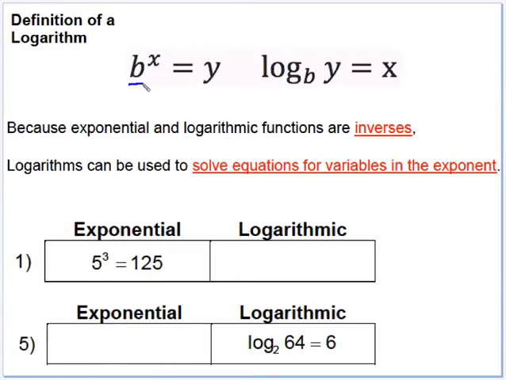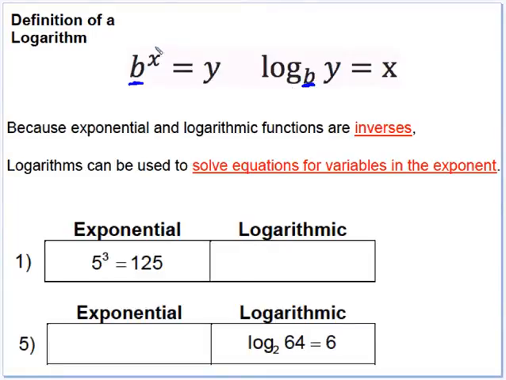Your b value here, just tell yourself that number is your base. That's always your base. It doesn't matter if it's a 2 or 3 or 5 million. That's your base. When you have a log, it's still your base number. When you are putting logs in your calculator, this is called your base number. So if you keep that as the base, then it's always going to be the base, whether it's exponent or logarithm.